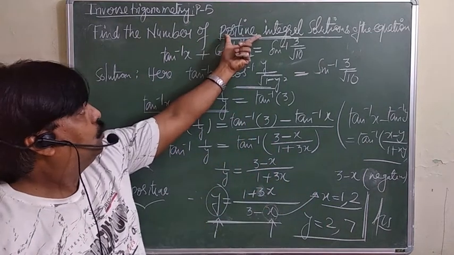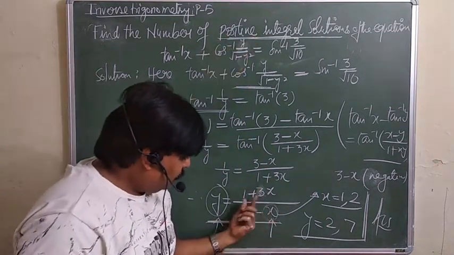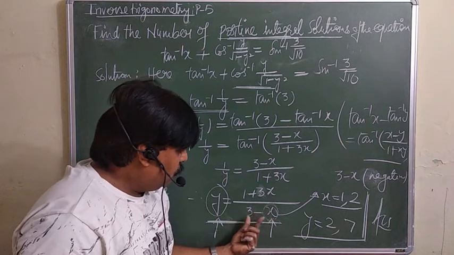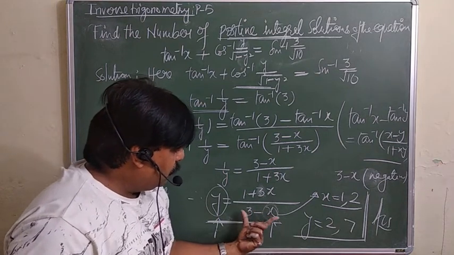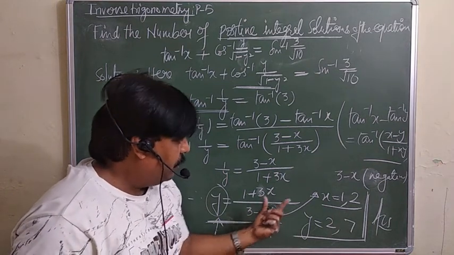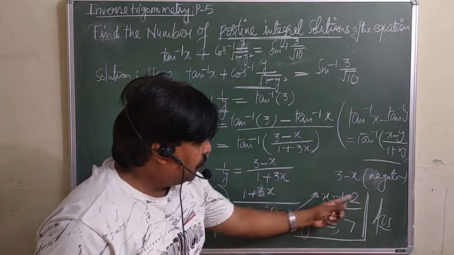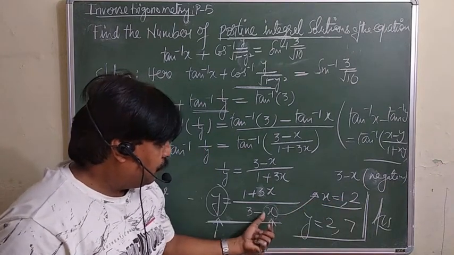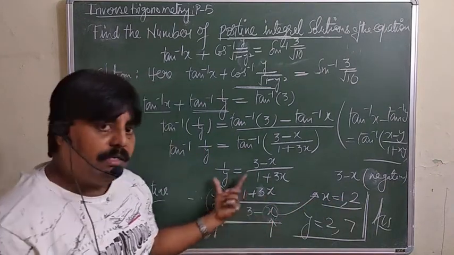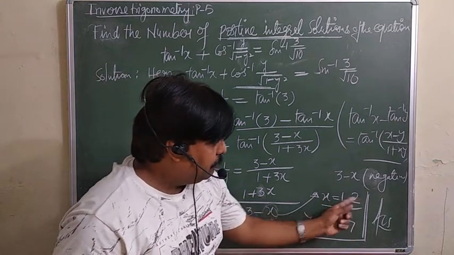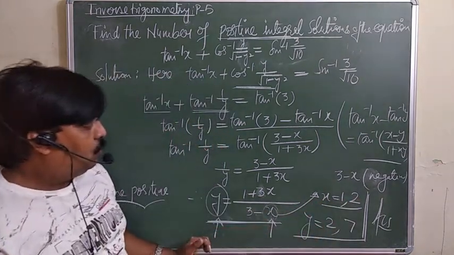This is the important point, because x cannot be more than 1 and 2, since both should be positive; if we put a larger value, you will get a negative value. So x will be 1, 2 and y is 2, 7. Have a look.